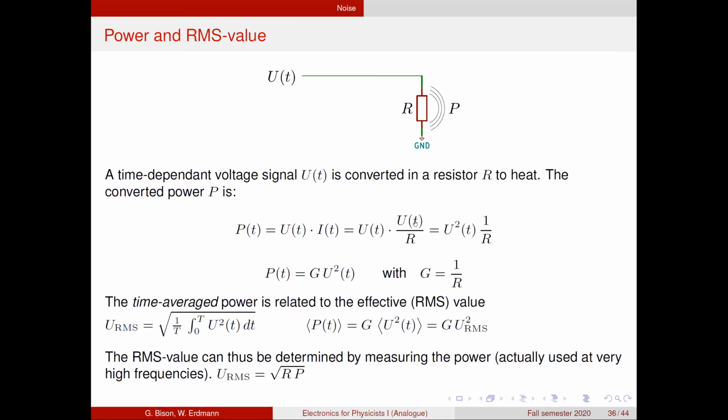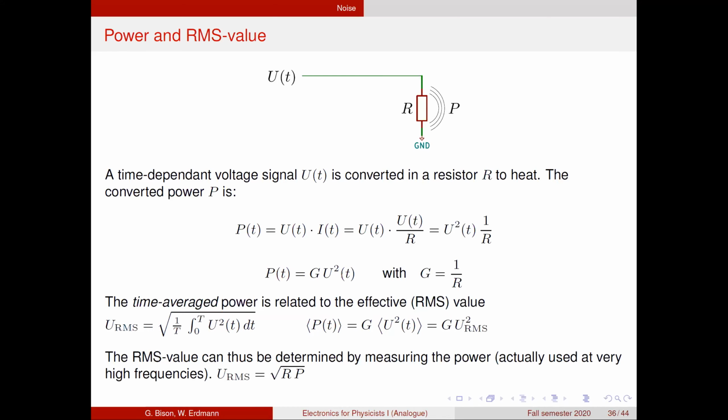We can replace the current with the voltage divided by the resistor and get the voltage squared times 1 over the resistor. The power thus is, well, 1 over the resistor is the conductance, times the voltage squared.